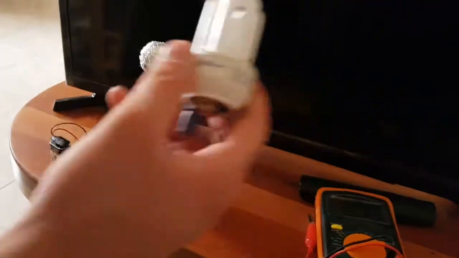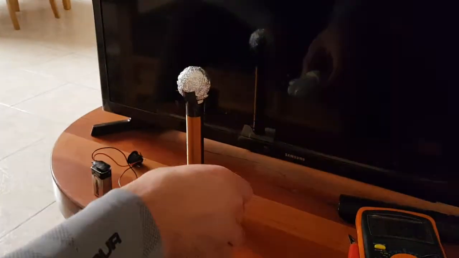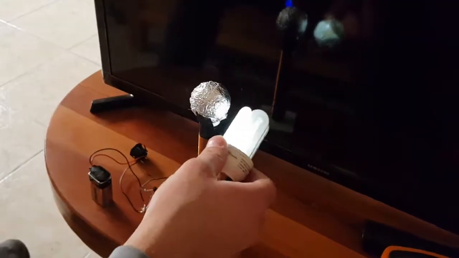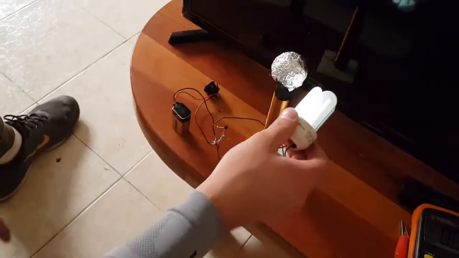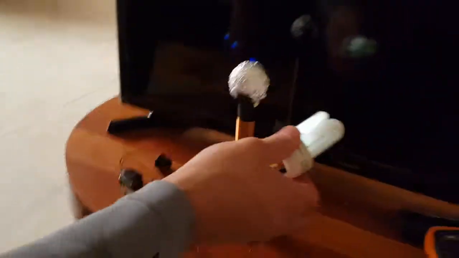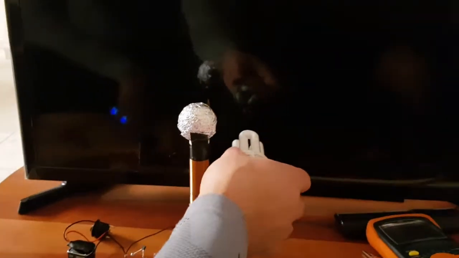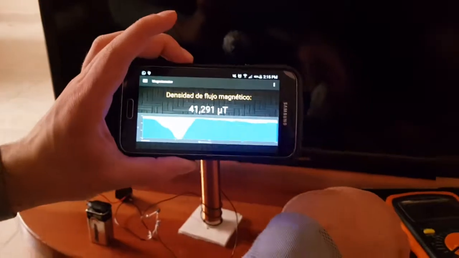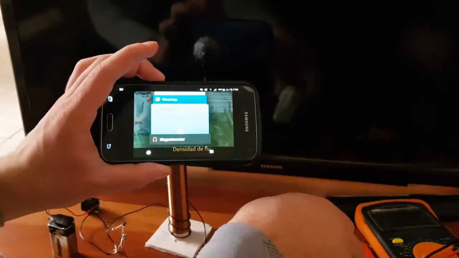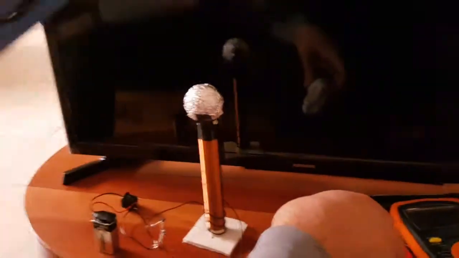Ponla en contra de lo negro. O sea, que se vea lo negro. Ahora míralo. Ahora apágalo y míralo.